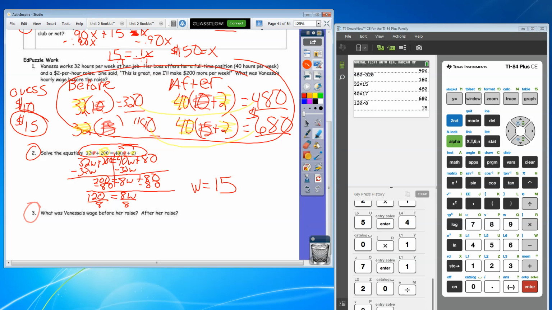Before her raise, it was $15, at 32 hours a week. After her raise, it was $17, because it increased by $2.